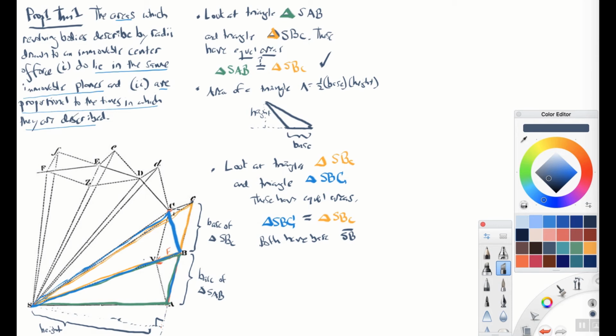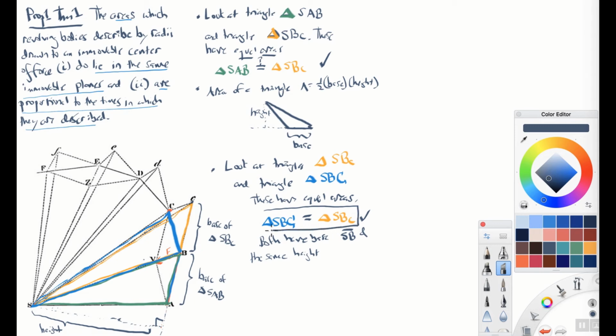So this line right here must be parallel to SB. That means the distance from the base to the vertices of both of these triangles is the same. So they have the same height. Therefore, they are equal in size.